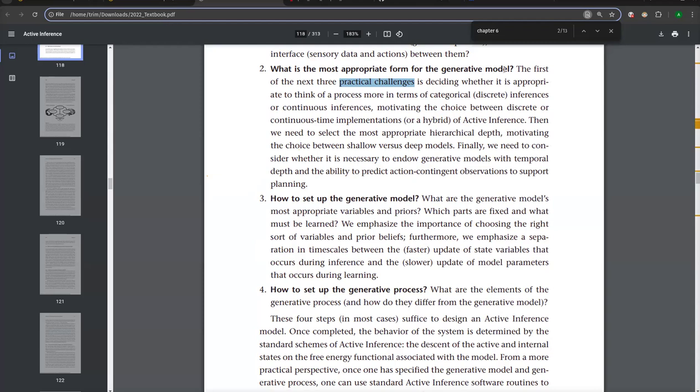But basically, keep in mind that the textbook here uses generative model to describe the agent type unit and the generative process to be the environment, whereas generative model can also be used to be the total model specification.